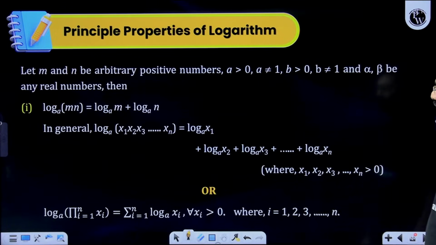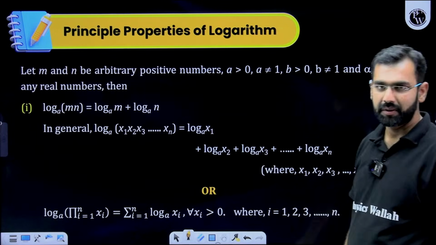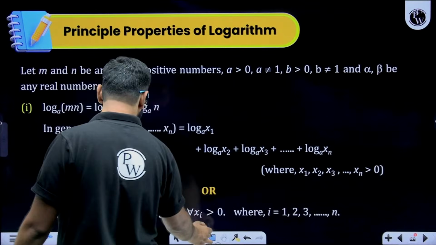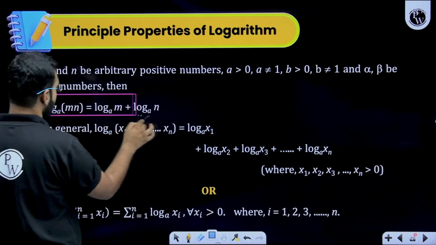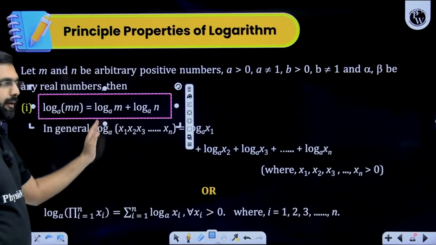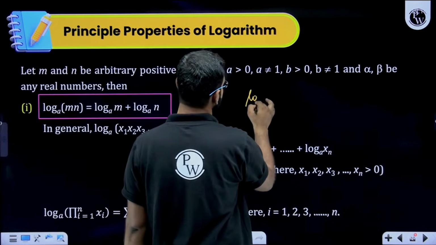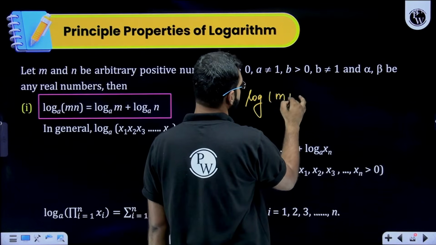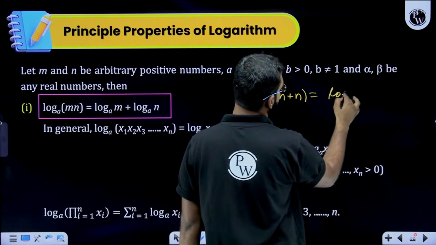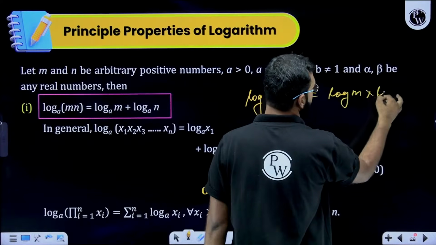Now, let's talk about a few properties which I have been mentioning. The first one being that log of mn at base a is log m plus log n at the same base. But students make a mistake here: the moment you see log m plus n, I don't know why, they write it as log m into log n.